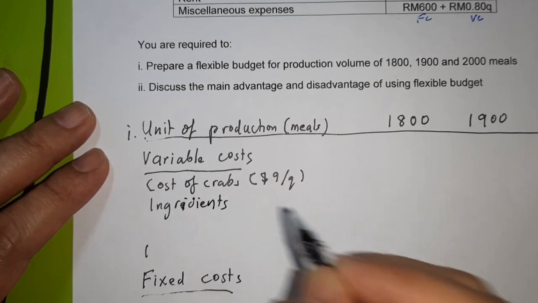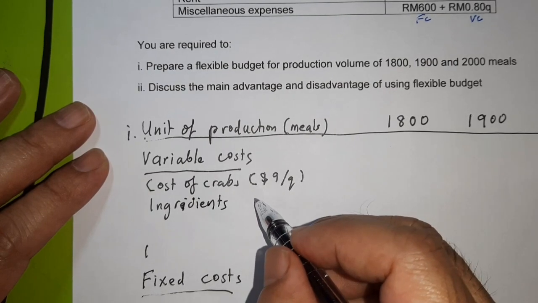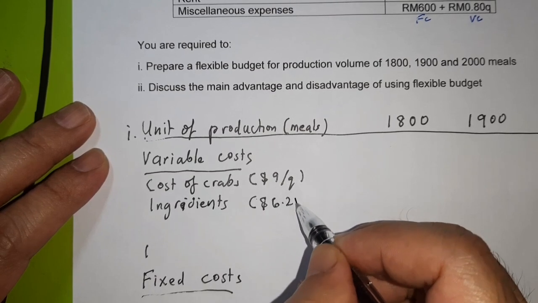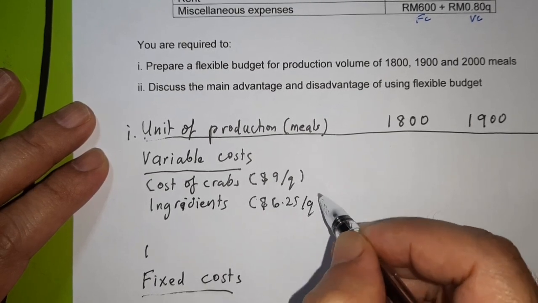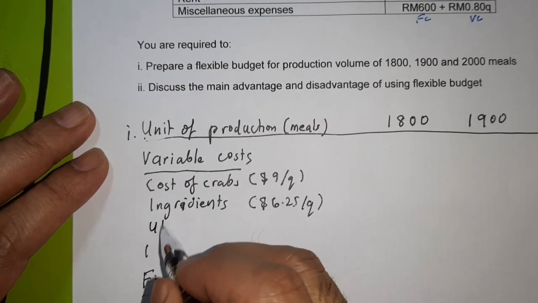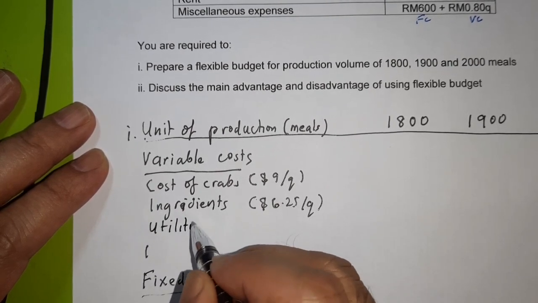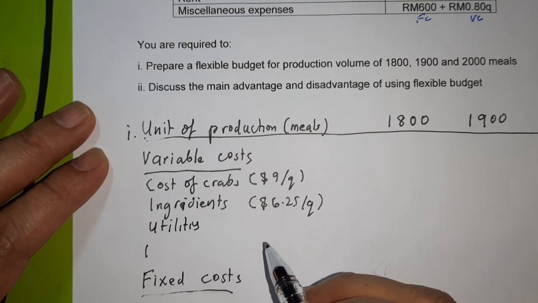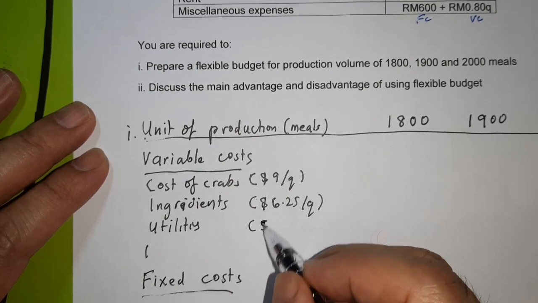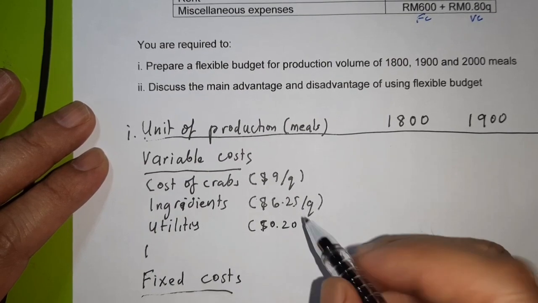So the second variable cost is the ingredients, the cost is $6.25 per meal. And then the third cost is utilities. Okay, utilities, the cost is 20 cents per meal.